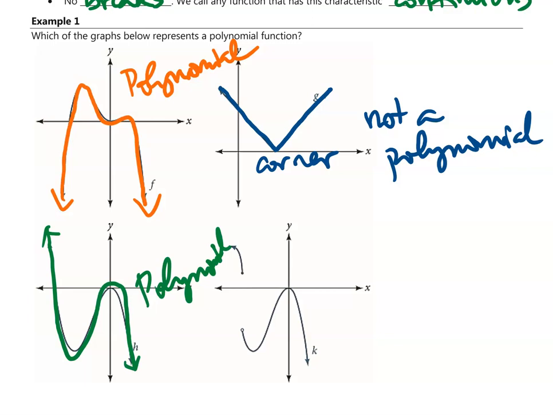And how about this one? If you follow this, oops, we stop here and we jump here. So as you can see here, there is a gap. We call this a jump discontinuity, or just call it a jump.